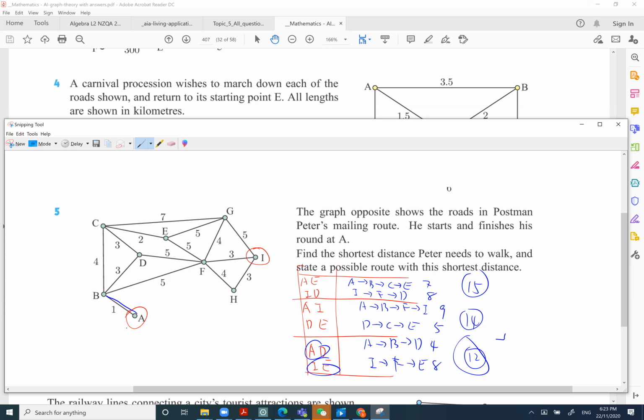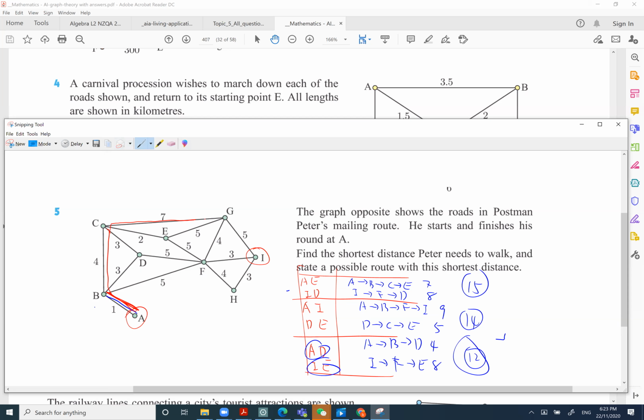We can just do any part, ABD. Of course, we can repeat, but we just need to travel out. So A to B, C, I and E also repeat.